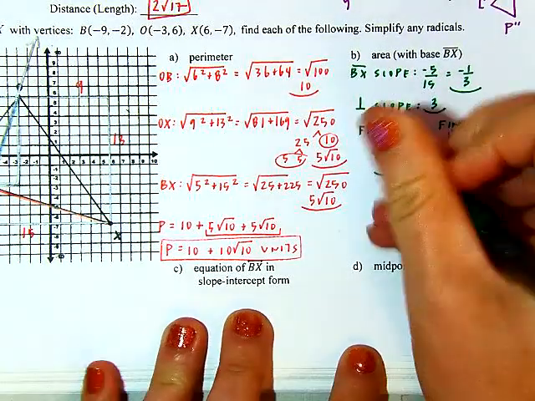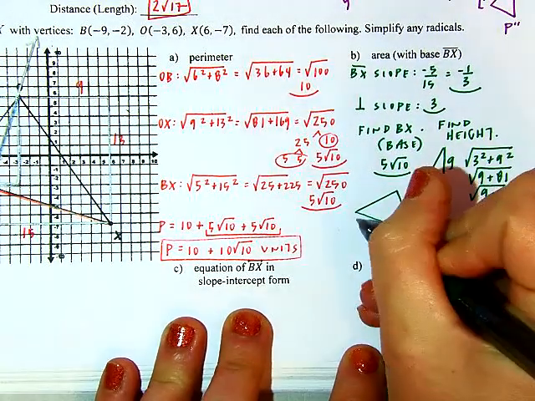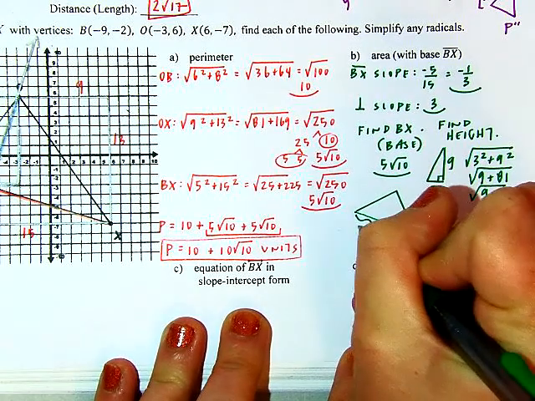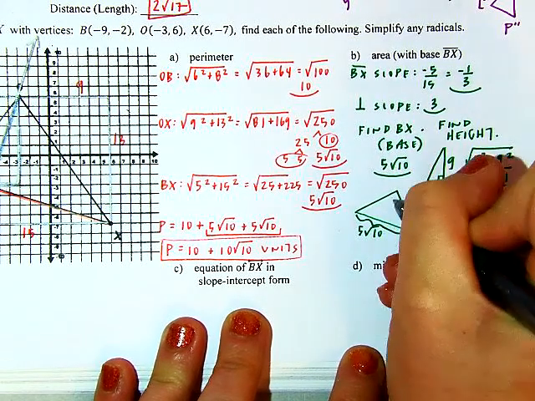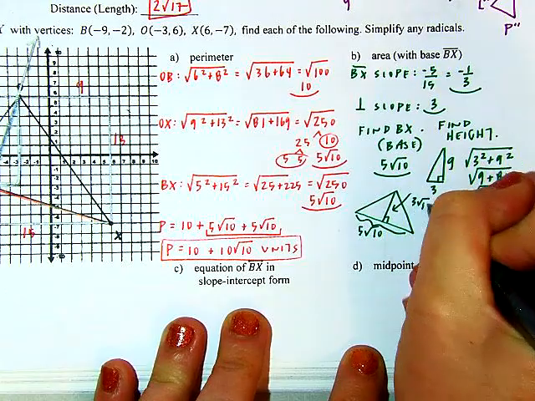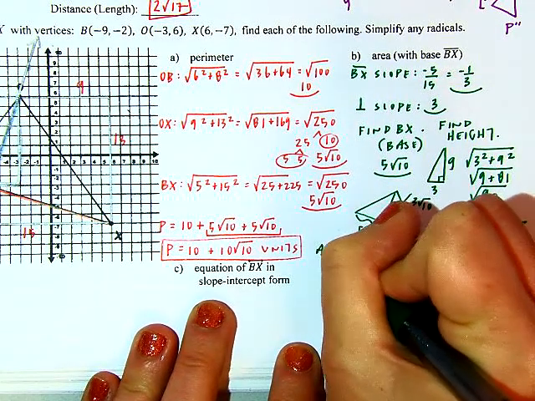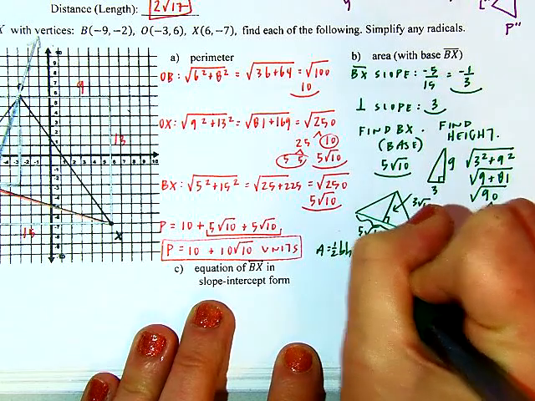So if I visualize it, here's that triangle. Here is that base that is 5 root 10. Here is that height, which was 3 root 10. So all I'm doing is 1/2 base times height.